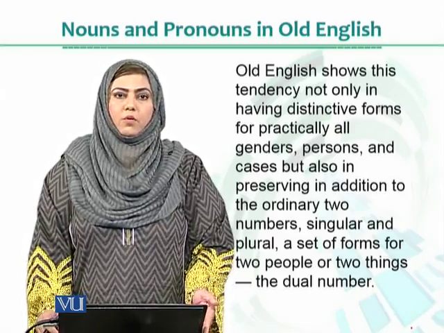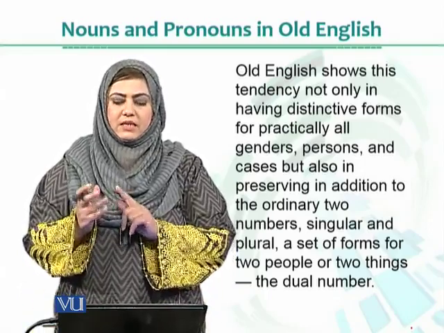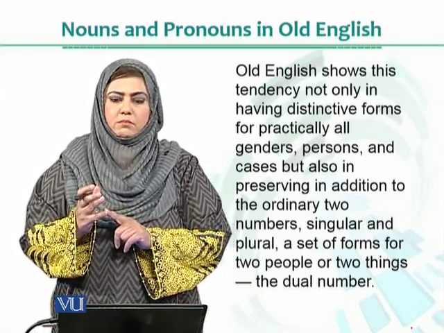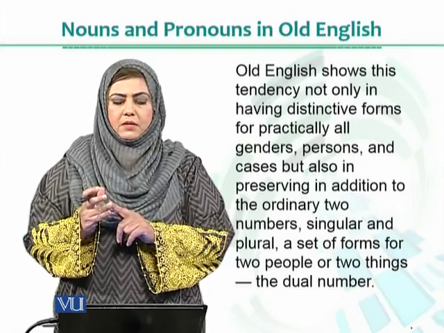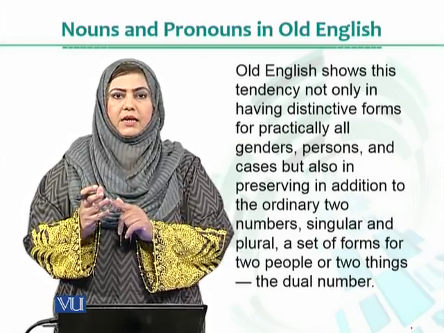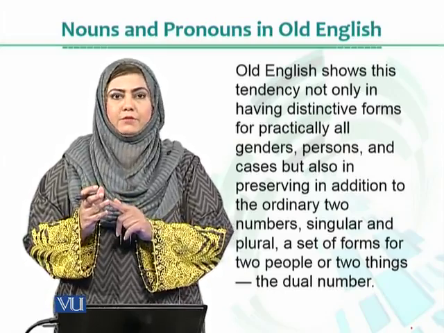Now, if we think of the Old English, it was very interesting that it provided three possibilities. One for the singular, like we have tum, the other for the plural, like aap, or like we have main and hum for singular and plural, and like in modern English, we have I and we.